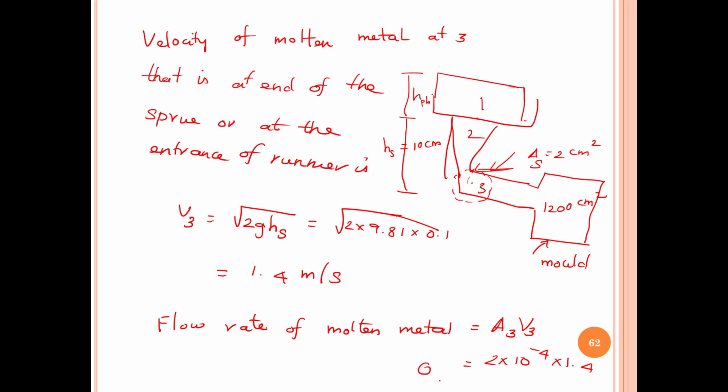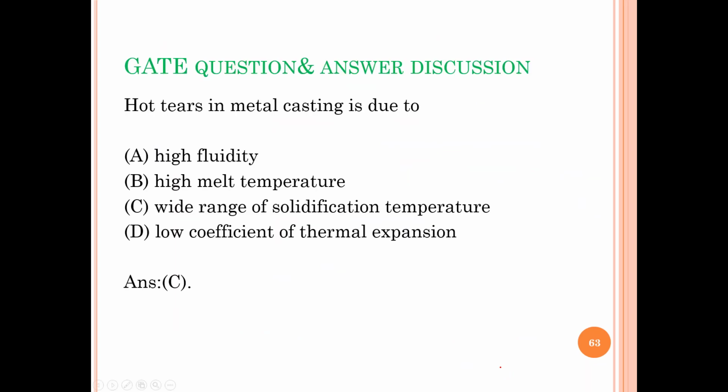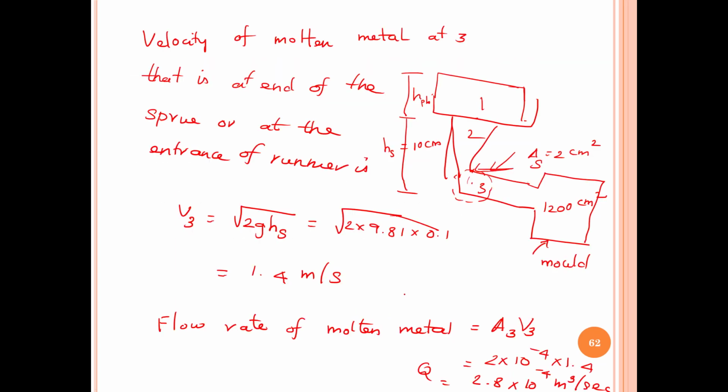So now the discharge, that is the flow rate, is 2.8 into 10 power minus 4 meter cube per second. Now we want to know the time taken to fill the cavity. So I will write here.